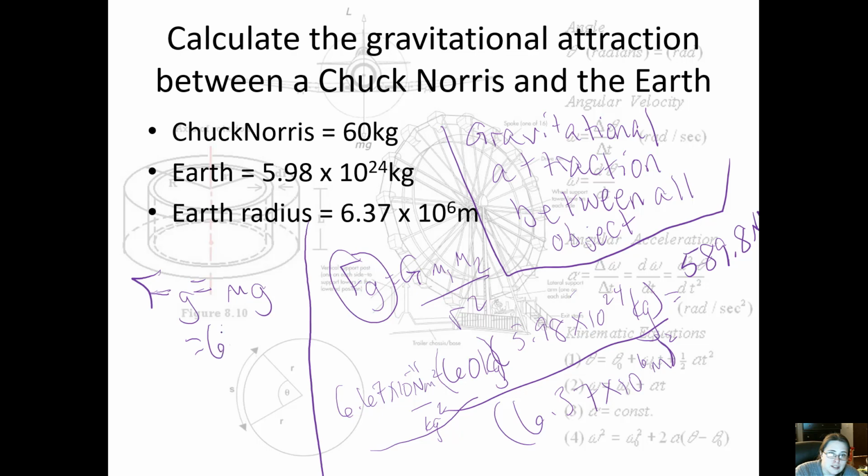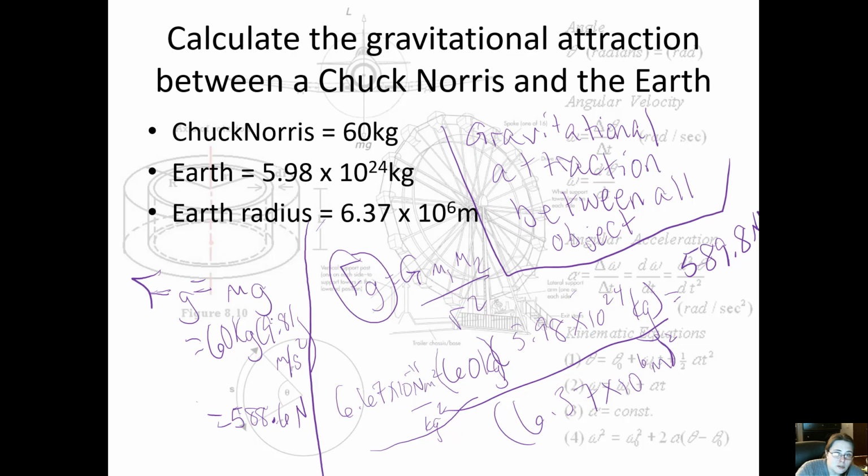Well, it turns out that if you do that, 60 kilograms times 9.81 meters per second squared, you end up with 588.6. So you can find out the gravitational attraction, or the force due to gravity, using the big equation, or you can use this equation here for small objects. It just means that the radius, the distance between the two objects, doesn't really matter. It doesn't matter when they are so close together.